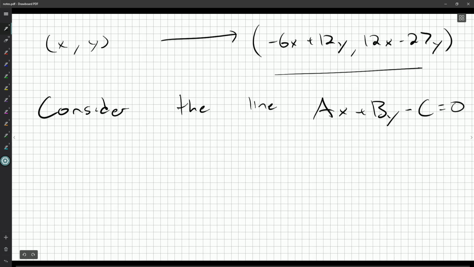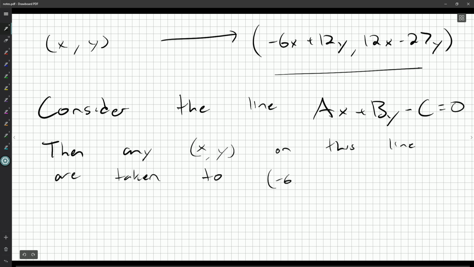So for given a, b, and c, x and y satisfy this expression. Well, then any x and y on this line are taken to these new coordinates.